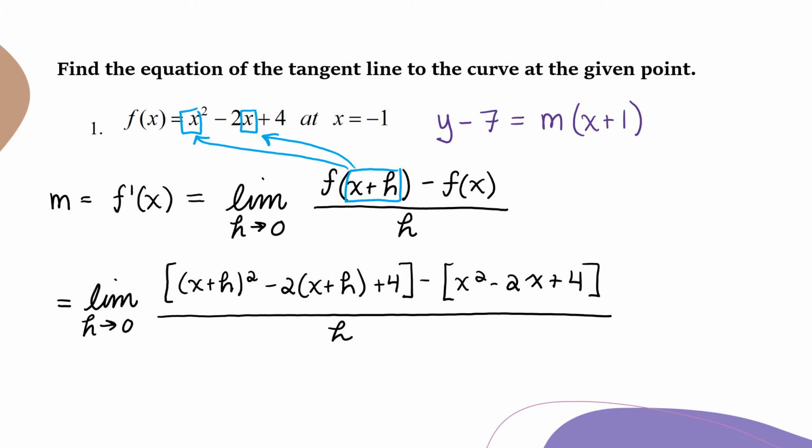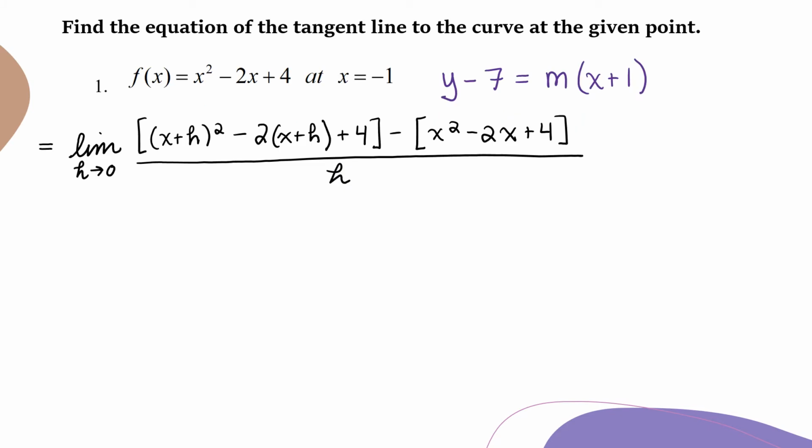And then we'll need to do a bit of simplification. So we have the limit as h approaches 0 of, well, let's expand and distribute each of these. So the limit as h approaches 0 of x plus h all squared will give us x squared plus 2hx plus h squared.